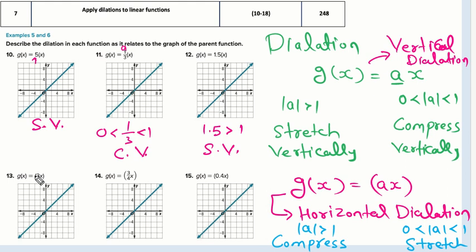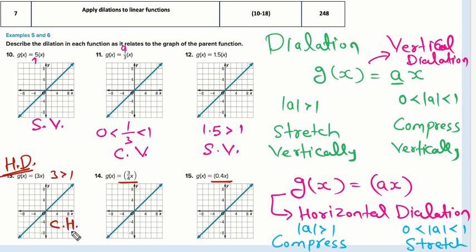Here, this is in the parenthesis, so this will be horizontal dilation. Now let's look at A. 3 is more than 1, so this will be compress horizontally.